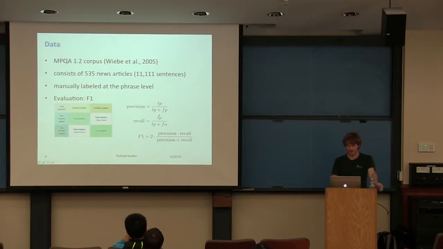So those are your false positives. And then your recall is, again, your true positives divided by true positives plus your false negatives. So you incorrectly said something was not what you thought it was. And then you basically get this nice F1 metric, which now also goes from 0 to 1.